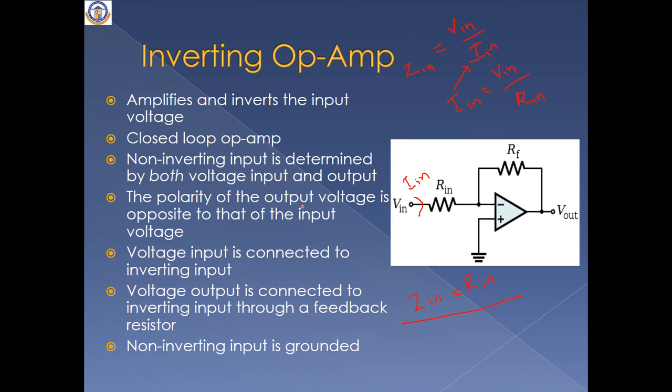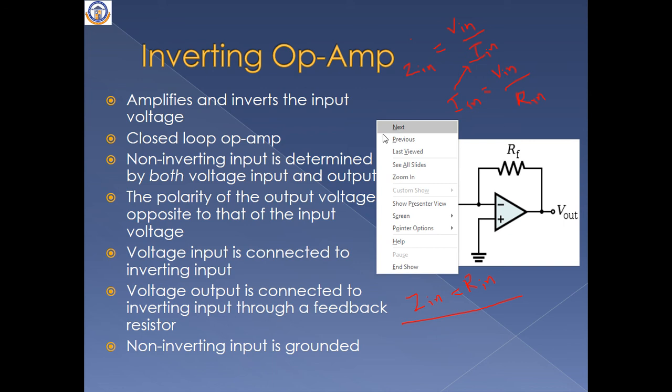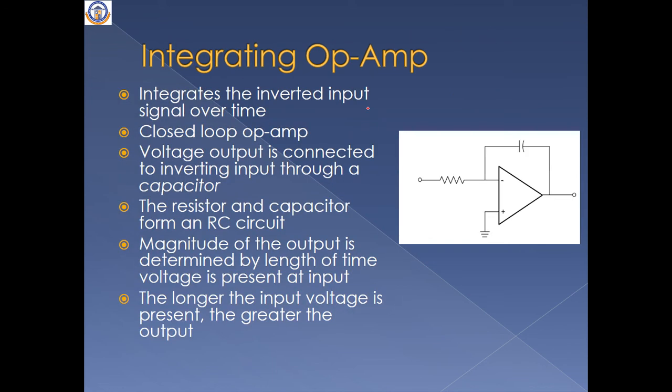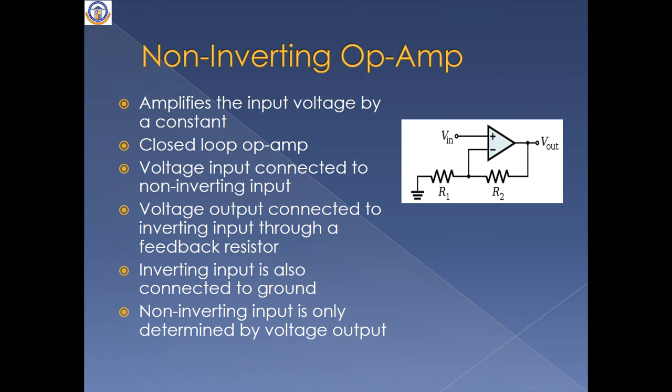And let's see the input impedance for the non-inverting amplifier. So here this is a non-inverting Opamp, and this is the input voltage. You will get the input current I in here.